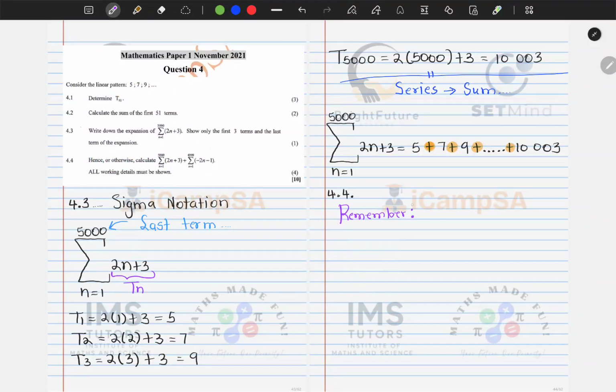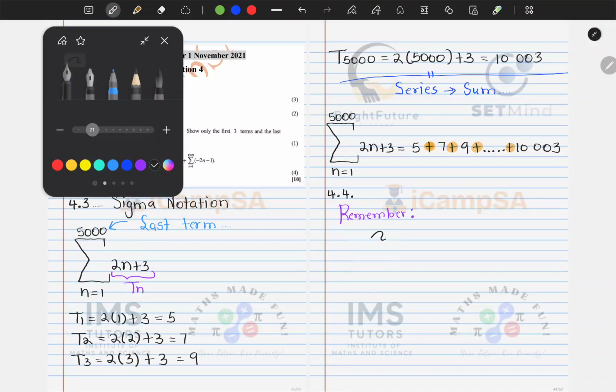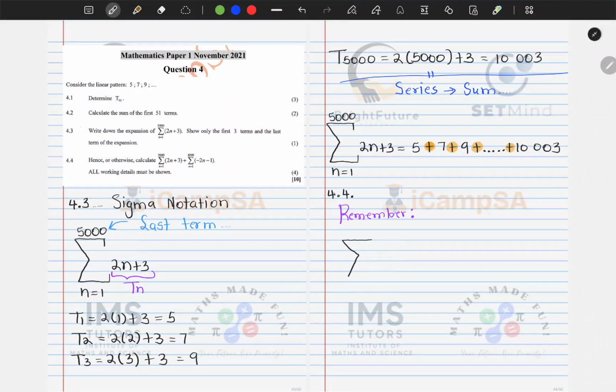which you are expected to know, which is that if we are dealing with a sigma notation, let's say we are starting from k is 1 up until n, and we have tk here, and then plus another sigma notation, starting from k is 1, very importantly up until n, and let's say we have pk here.